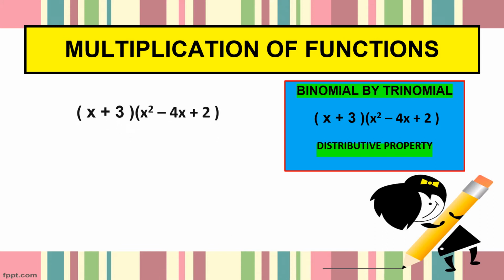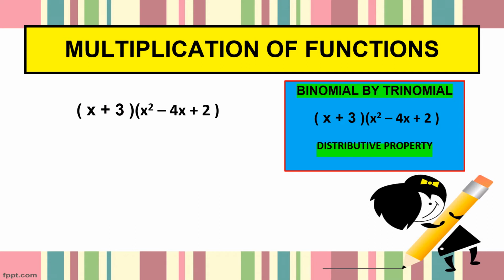Let's say you have the binomial x plus 3 times the trinomial x squared minus 4x plus 2. As I said, in here, you will be using the distributive property of multiplication. Meaning, each term in your binomial will be distributed to your trinomial.